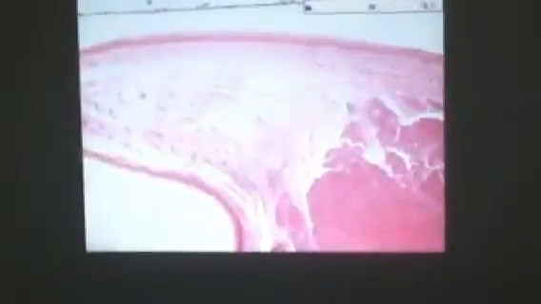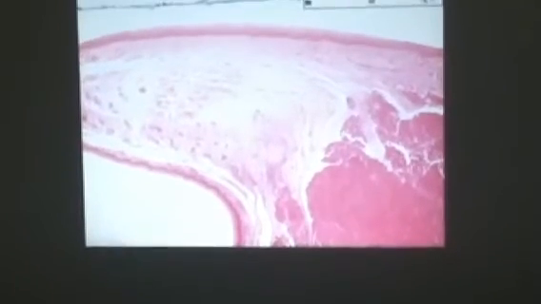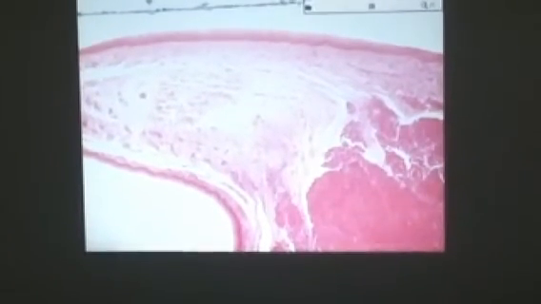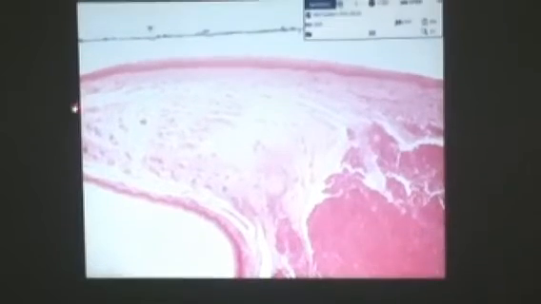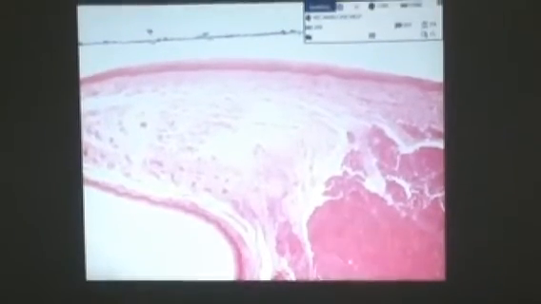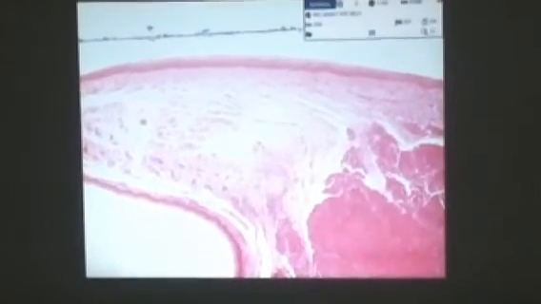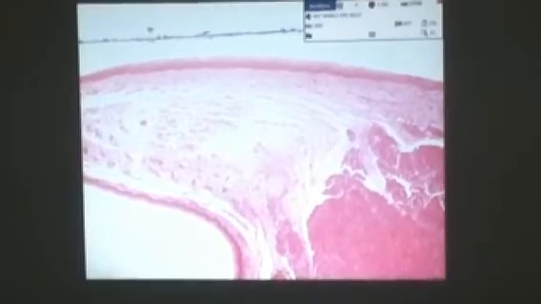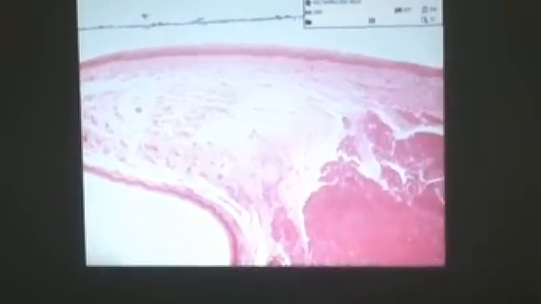And then underneath the epithelium are thick bands of elastic fibers. What is the specific name of the elastic fibers? Okay, these elastic fibers will attach this protrusion to the underlying muscles. So they are collectively called the vocal ligament.